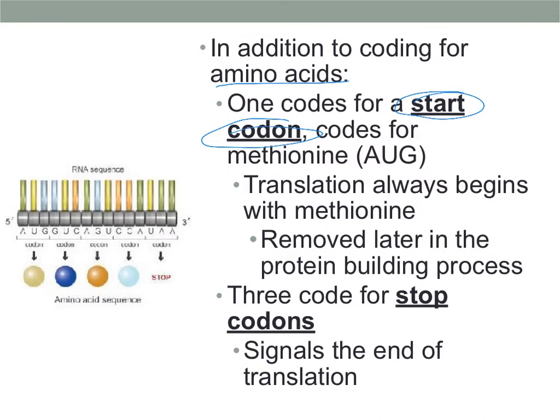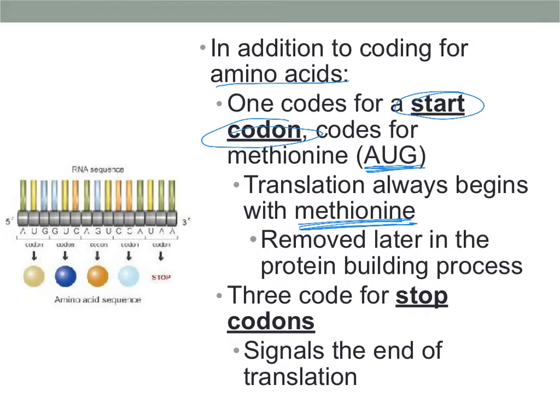This codes for methionine, which is given by the codon AUG. So AUG on the messenger RNA molecule would bring in a start codon, or a methionine. Translation always begins with methionine. Every protein synthesis starts with methionine.